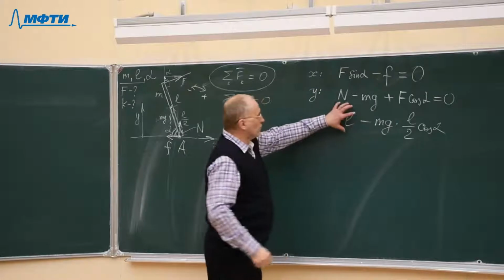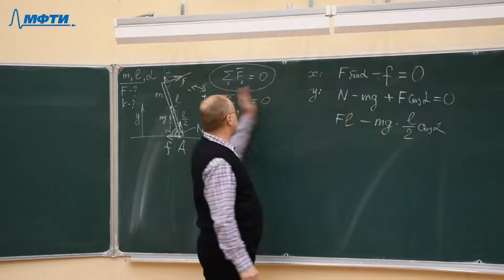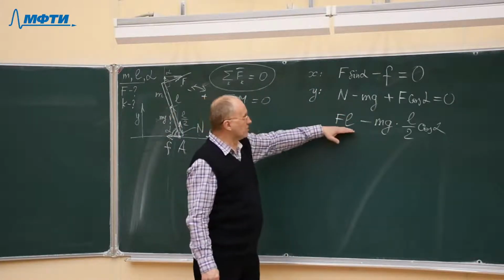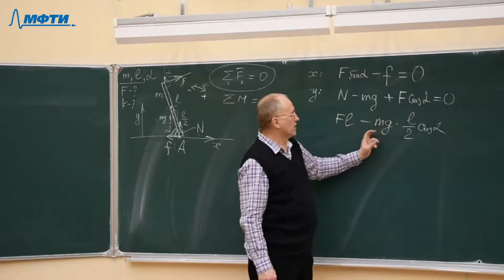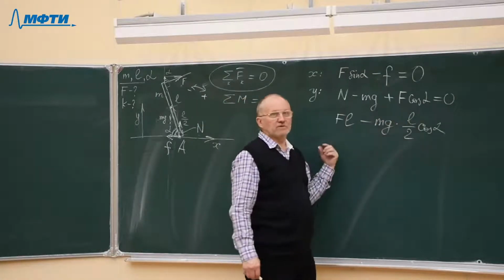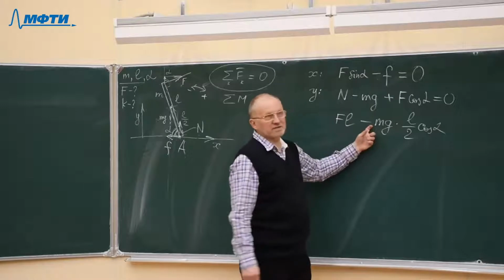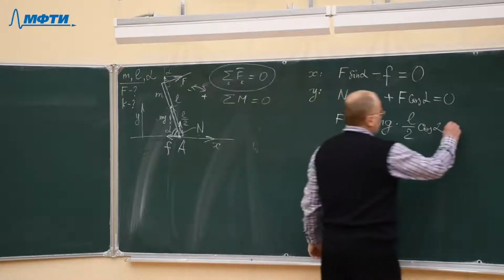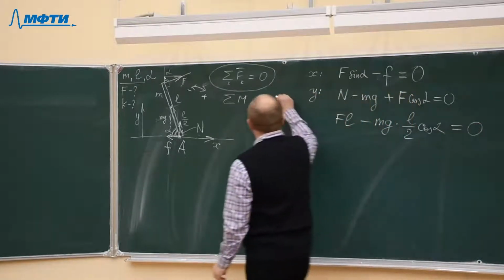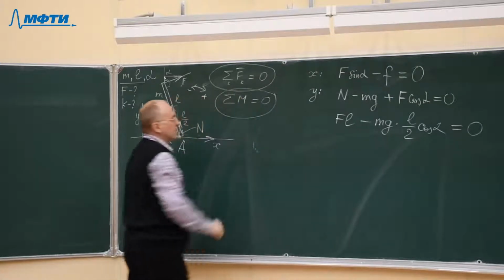This is the torque that rotates the rod in clockwise direction, and this is the torque that rotates in counterclockwise direction. That's why we have plus and minus, two different signs here. And this must be zero because of the main equation.